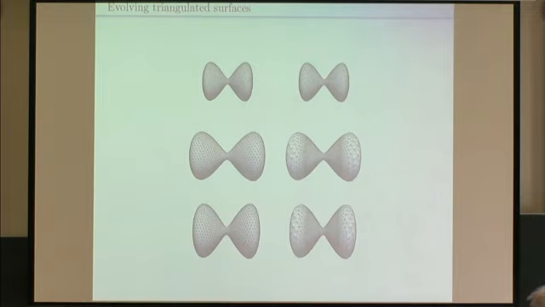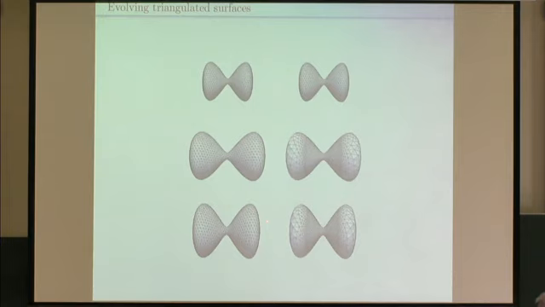You might prefer this triangulation to this one. With this triangulation, the elements are roughly similar size throughout the surface. This one, there seem to be some coarse elements here and some elements here. We don't know. There is an issue.